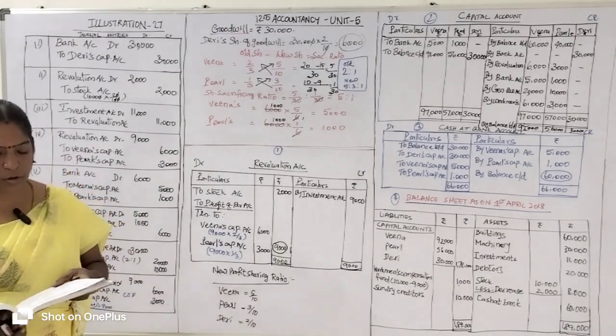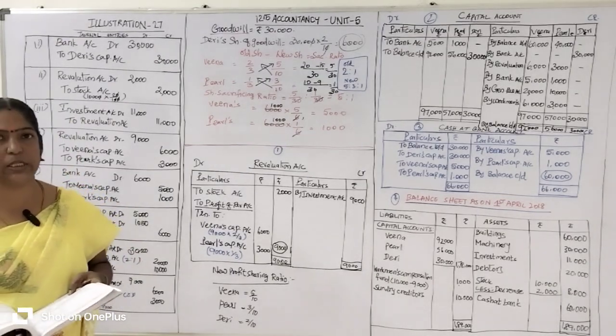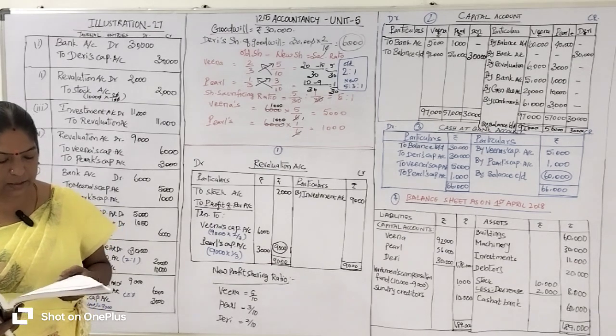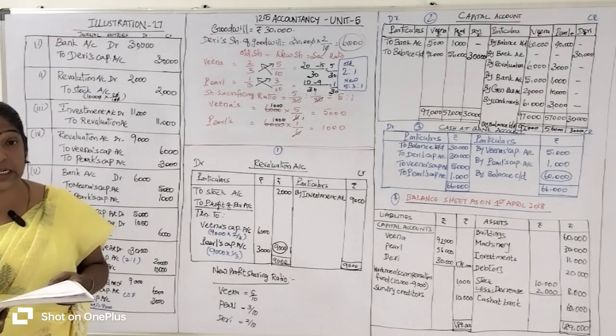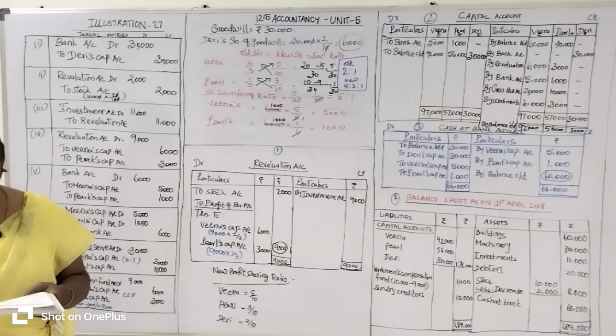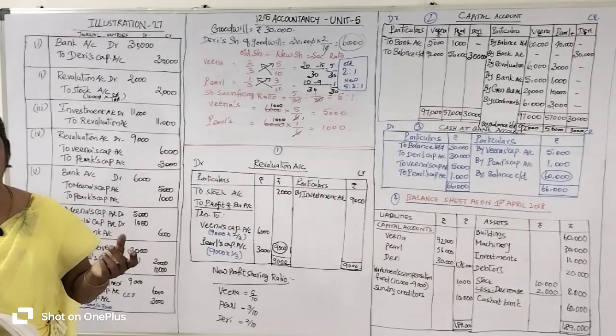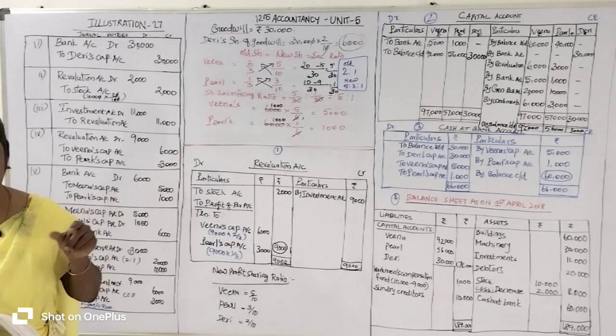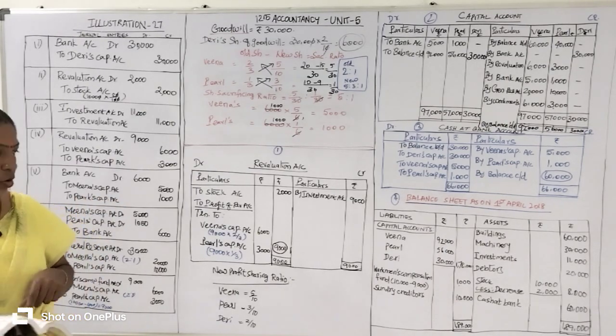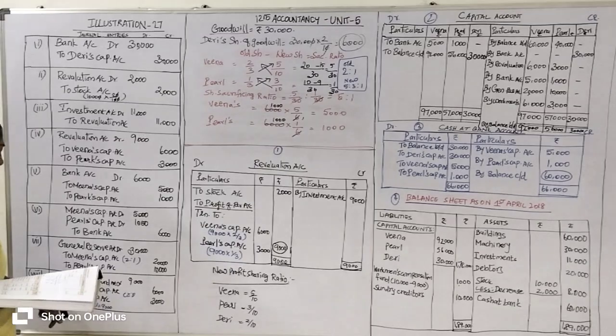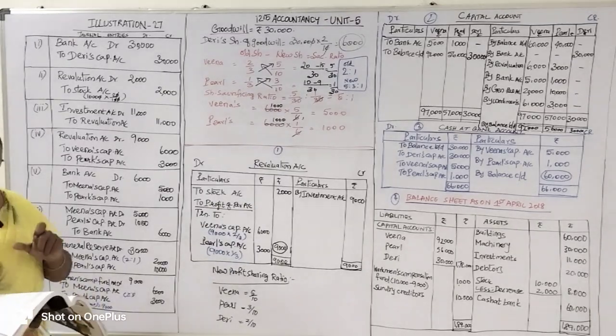Then the Workmen's Compensation Fund of 10,000 rupees is given in the question. Listen to the adjustment: the anticipated claim on the Workmen's Compensation Fund is 1,000 rupees. So we subtract the anticipated claim of 1,000 from 10,000 rupees, and you will get 9,000 rupees.